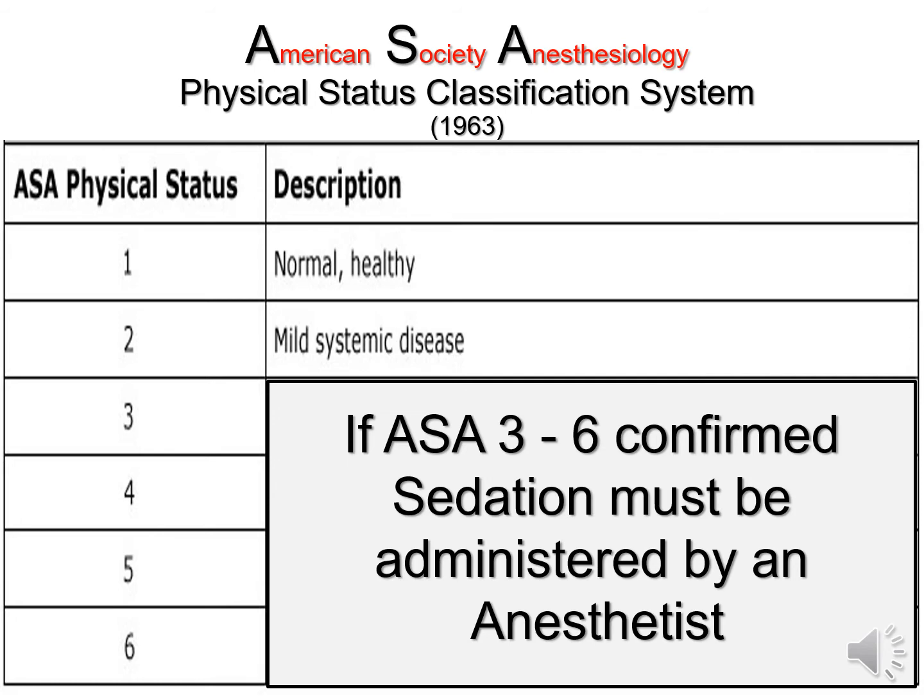So if the patient now is ASA 3 to 6, which is confirmed by the physician, then they have to be reviewed by an anesthesiologist. And the anesthesiologist will probably be there during the procedure, or they may decide on a different sedation plan, which could be related to a general anaesthetic or others which are administered by an anesthesiologist.